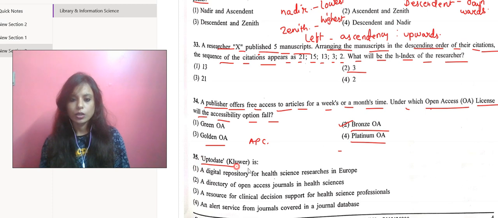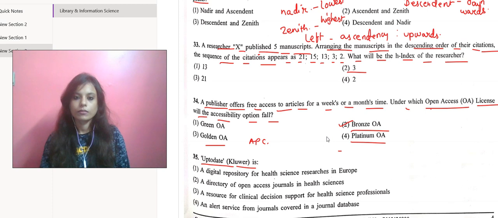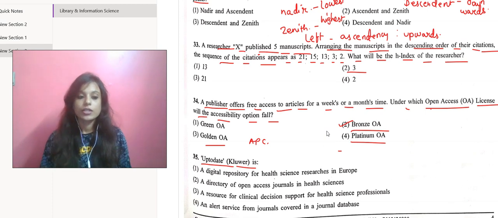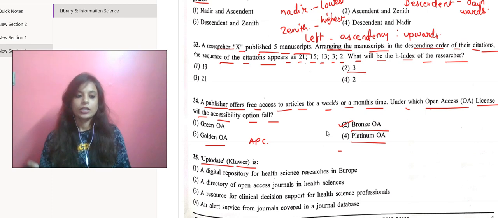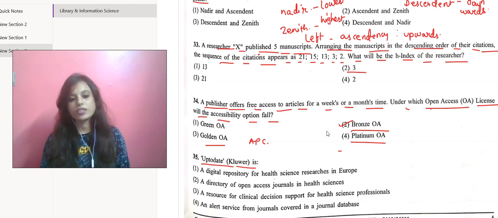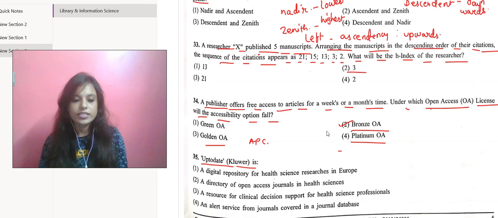UpToDate Wolters Kluwer is what? It is a resource for clinical decision support for health science professionals. UpToDate is the only clinical decision support resource associated with improved outcomes.